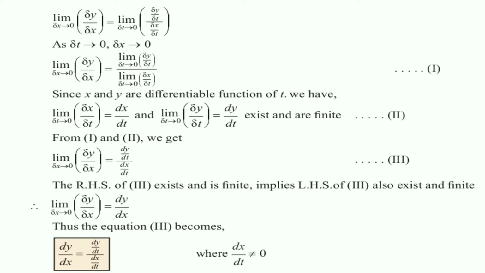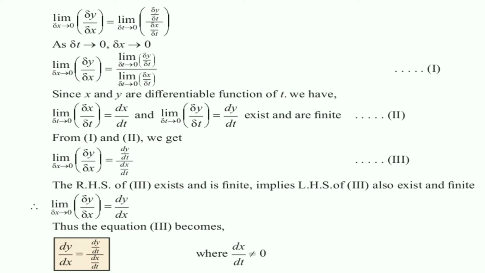Since x and y are differentiable functions of t, we have limit delta t tends to 0 of delta x upon delta t equals dx upon dt, and limit delta t tends to 0 of delta y upon delta t equals dy upon dt, which exist and are finite. From 1 and 2 we get limit delta x tends to 0 of delta y upon delta x equals dy by dt divided by dx upon dt.